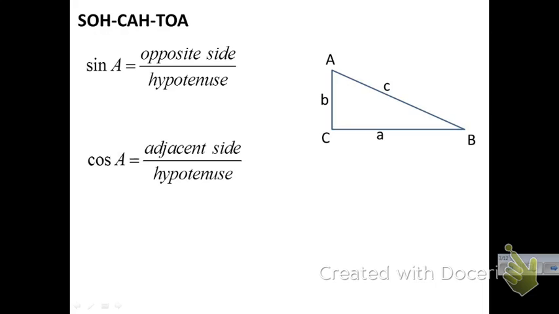We have cosine, that's the CAH in our SOHCAHTOA. It's spelled C-O-S-I-N-E, and we abbreviate it cos.